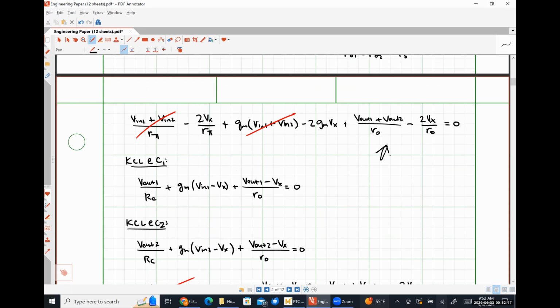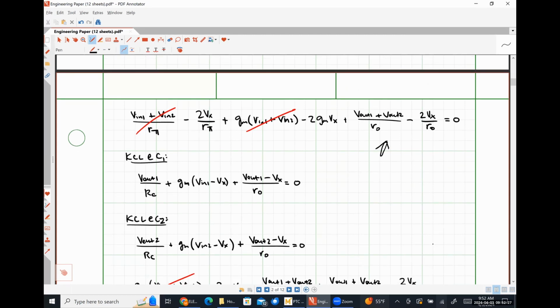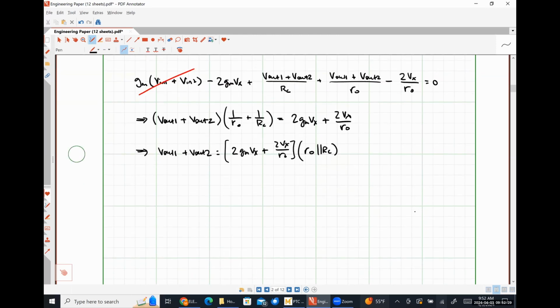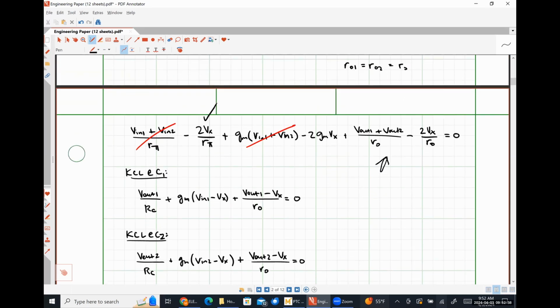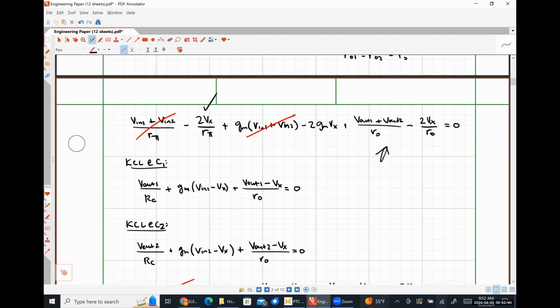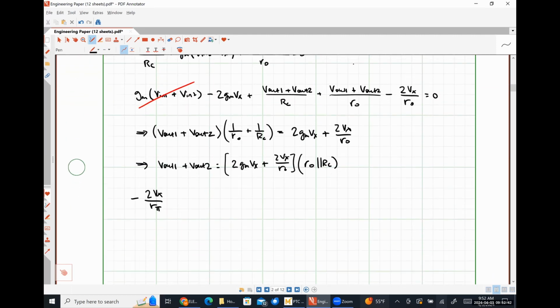Okay, so let's see what's going to shake out of that. So we're going to have negative twice Vx over Rπ. So let me just scroll up here. We took care of this guy right here. Negative twice GM times Vx.